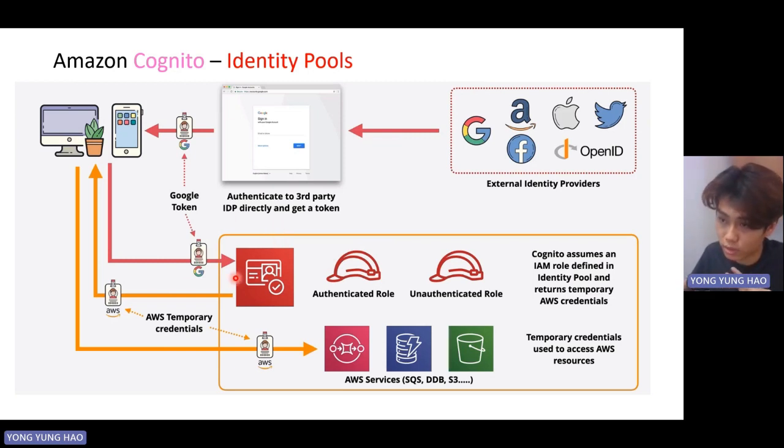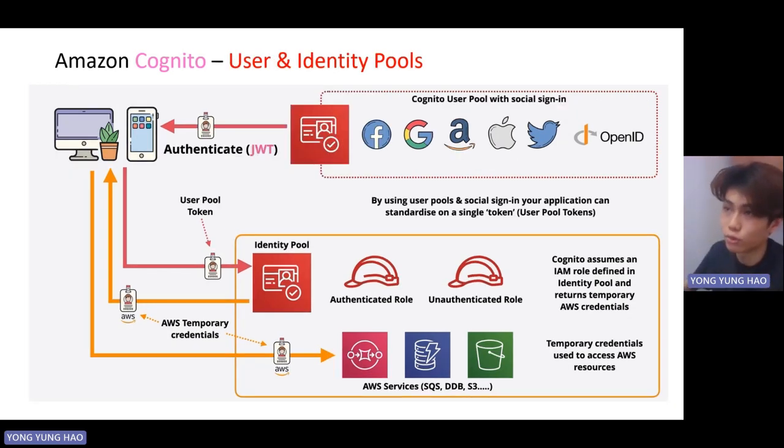When you authenticate with your sign-in, Cognito assumes the authenticated role and creates a temporary AWS credential back to you, and then you can use this temporary AWS credential to access the AWS services. So basically, you use the social sign-in, pass it to Cognito, get back the AWS credential, and you can do whatever you want with the temporary credential because you assume the role. So next, we combine both together.